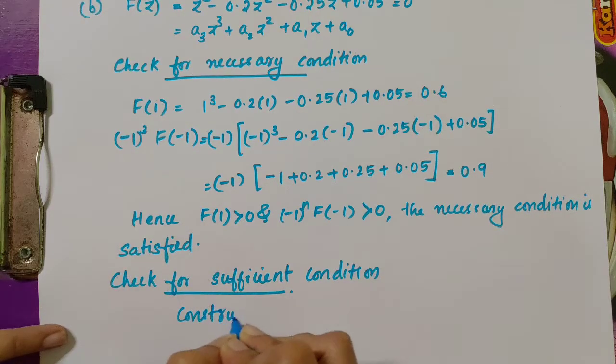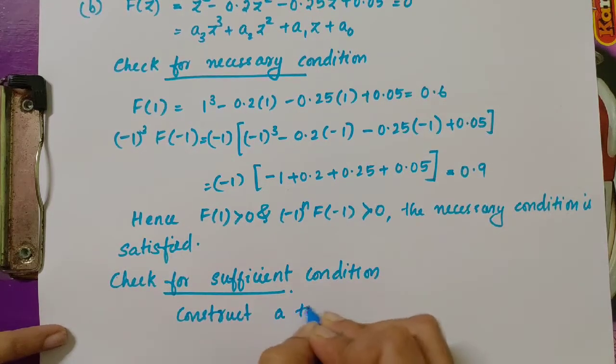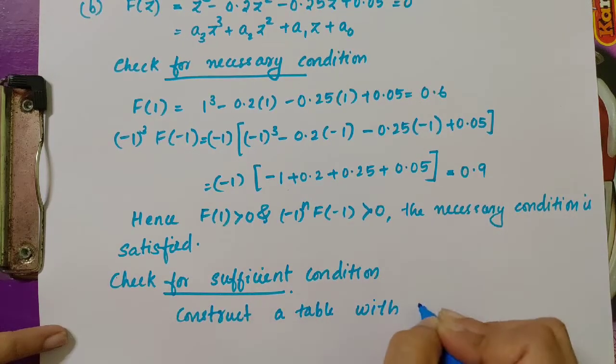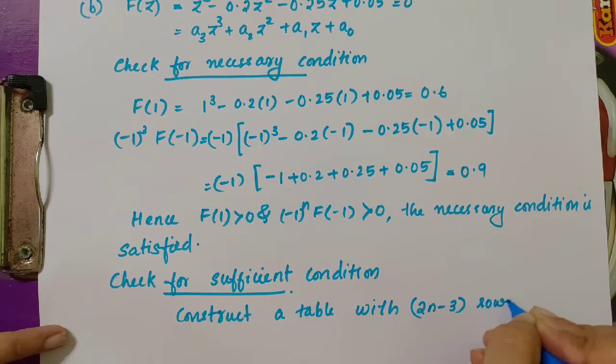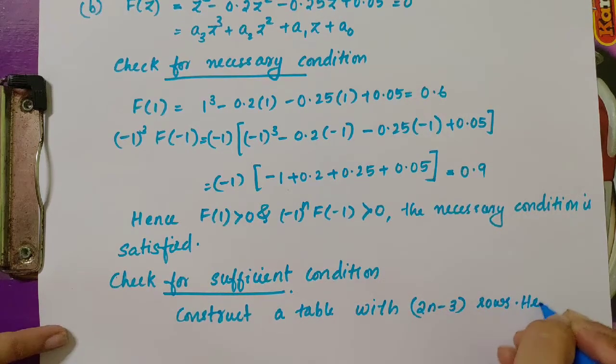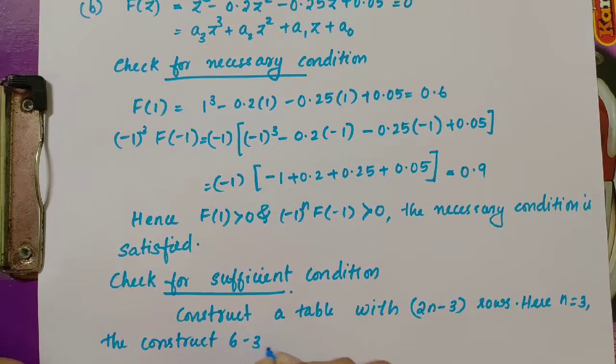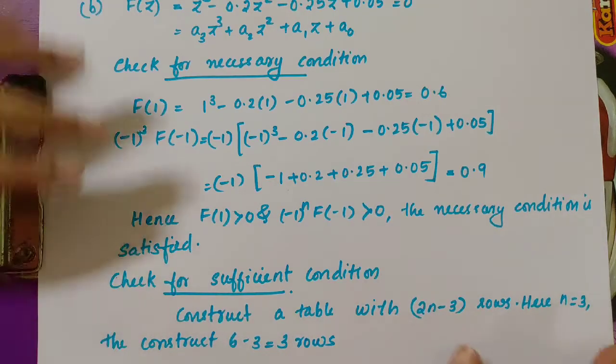Construct a table with 2n minus 3 rows. Here n is equal to 3, therefore construct 6 minus 3 is equal to 3 rows. Okay.